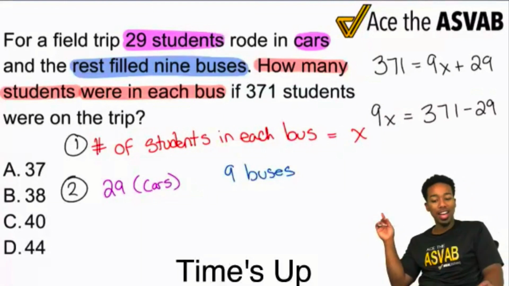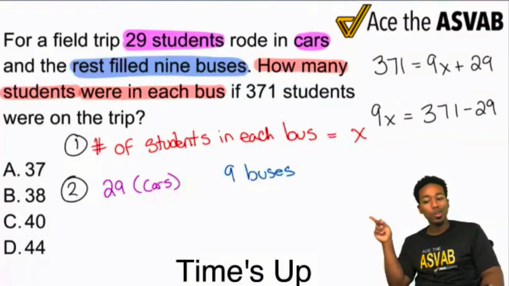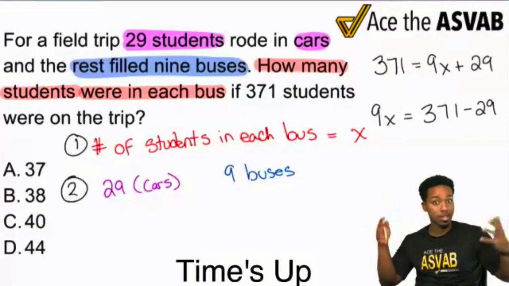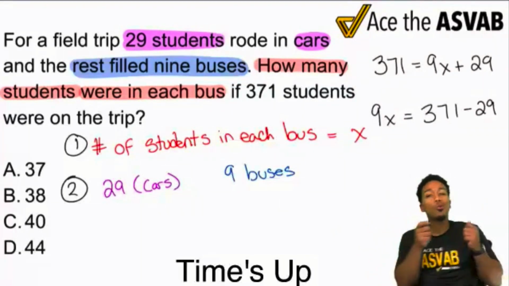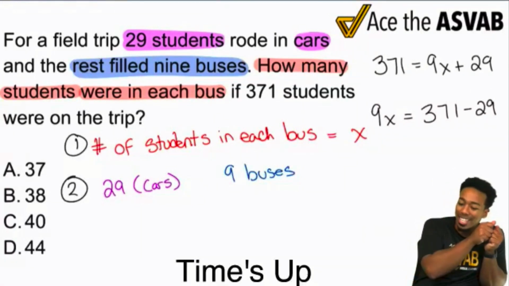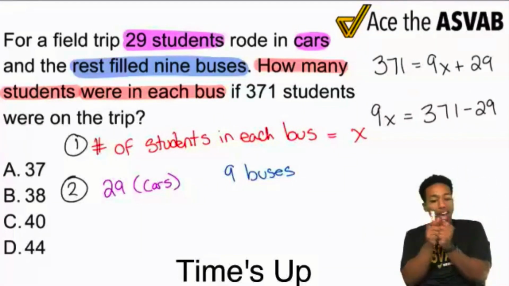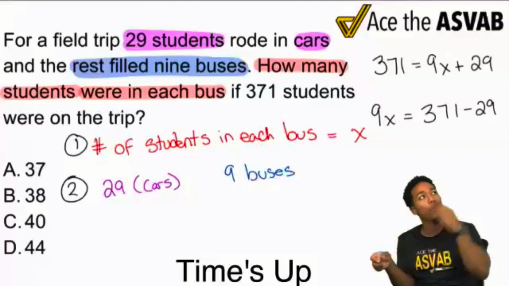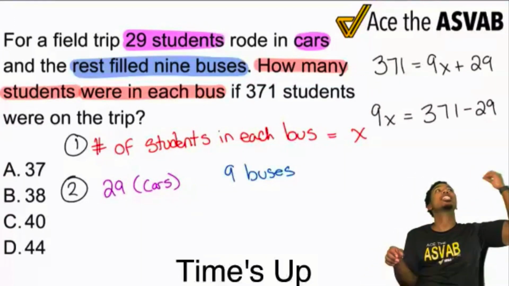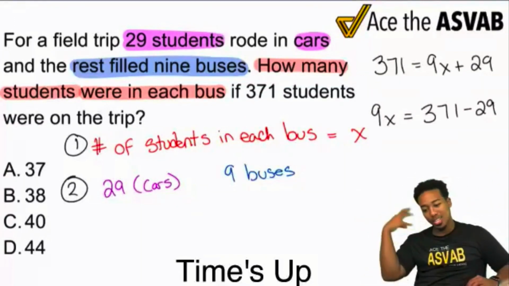So if we have 9 buses, everybody, what are we supposed to do with the 9 buses and the X or the B, the number of students in each bus? What did we say if we see the word each to get the results?